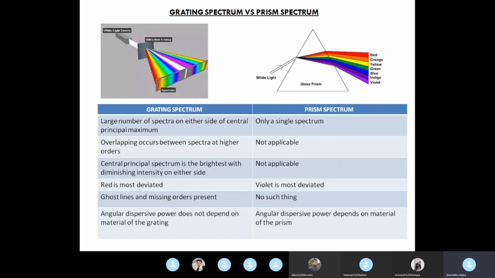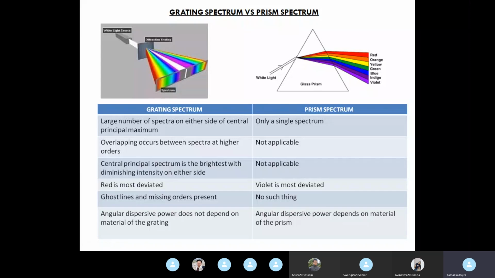In the grating, the central is the brightest, whereas the intensity diminishes on either side because of the presence of the diffraction envelope. Once again, not applicable in the prism case. In a grating, red is the most deviated, whereas in prism, violet is the most deviated, simply because of the mechanism of spectrum production. This is dispersion, this is diffraction.